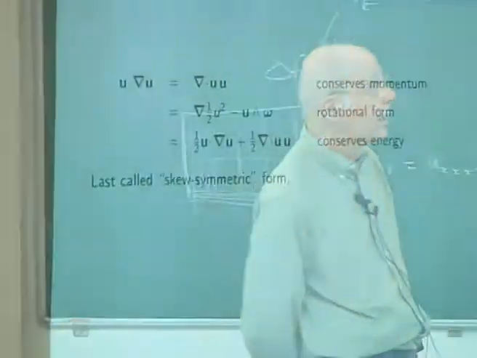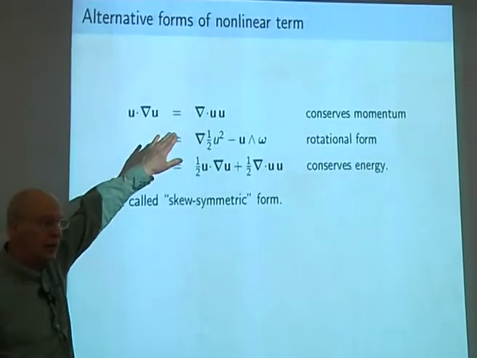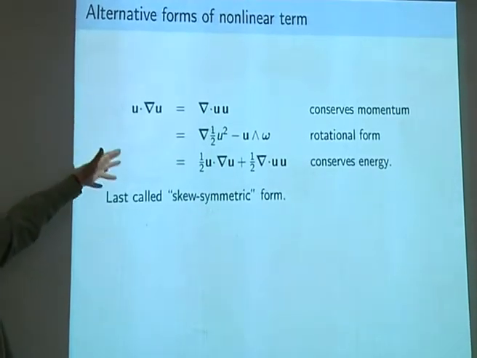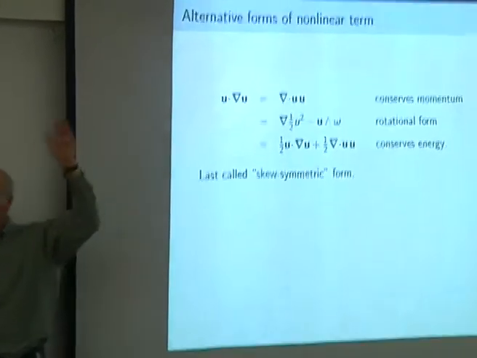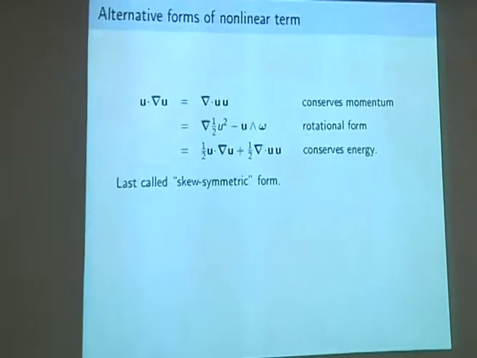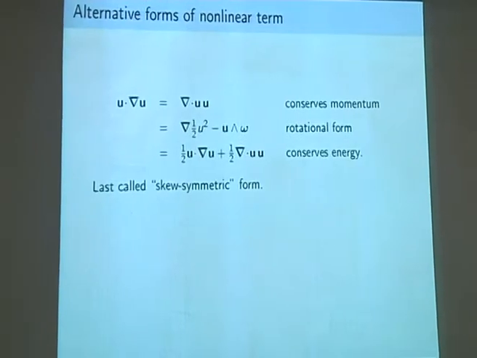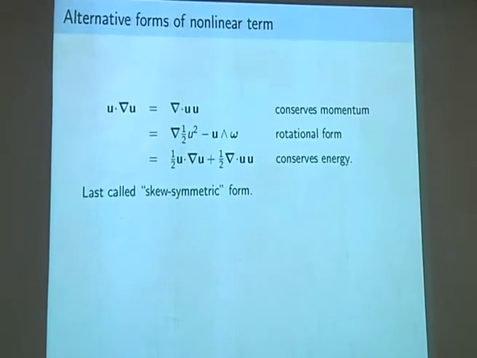And then finally, there are various versions of U dot grad U. So these are analytically equivalent versions of U dot grad U. And you may want to code one of them rather than another one, when you're writing a numerical version, depending on what you want to do.